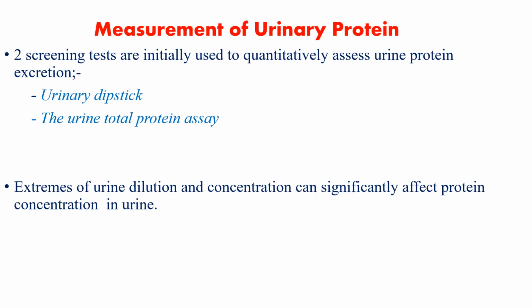Two screening tests are initially used to quantitatively assess urine protein excretion: urinary dipstick and the urine total protein assay. Extremes of urine dilution and concentration can significantly affect protein concentration in urine.